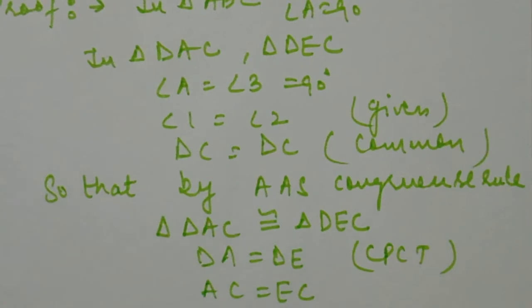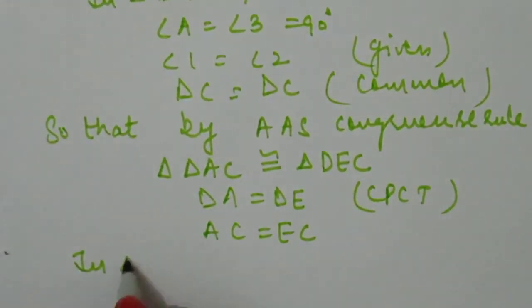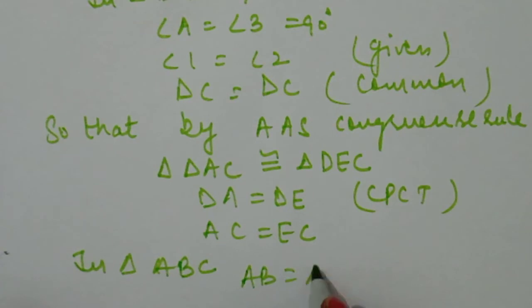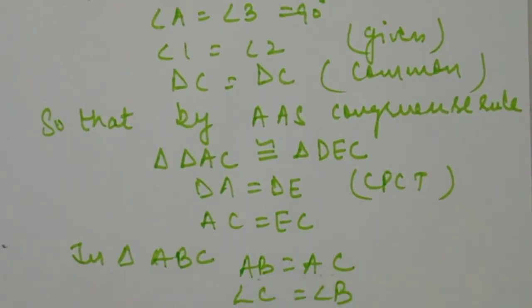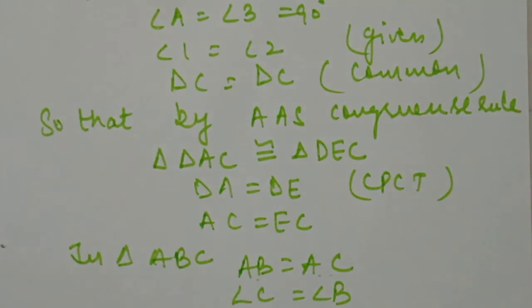In triangle ABC, we know it very well that AB is equal to AC. So if these two sides are equal, then the opposite angles of these two sides are also equal.